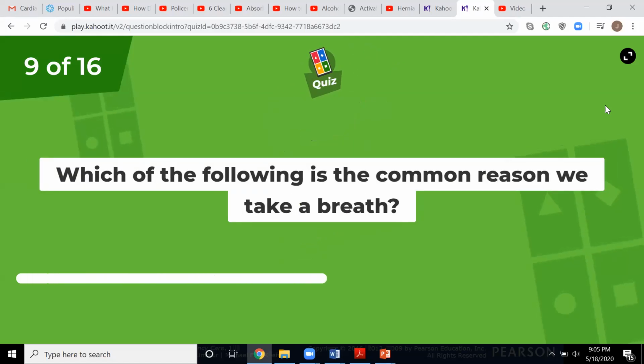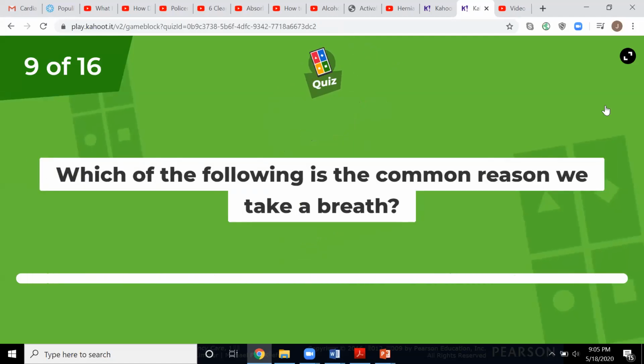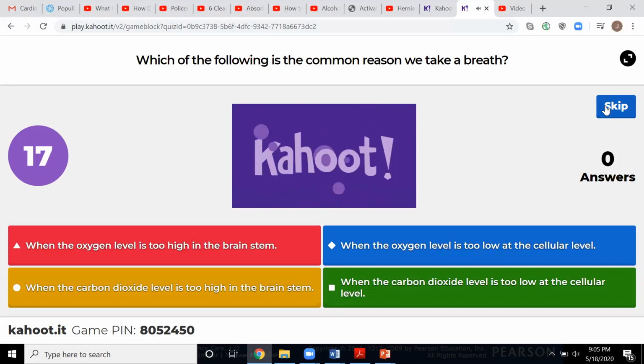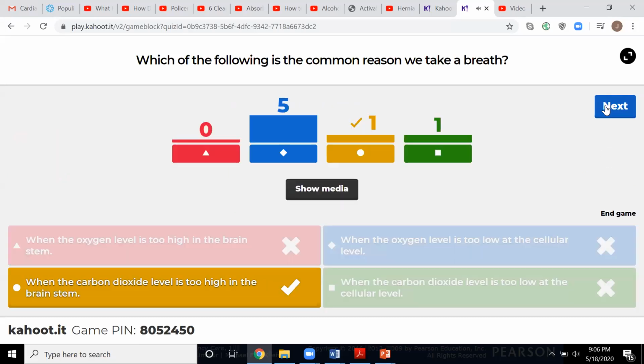Which of the following is the common reason we take a breath? The best answer is when carbon dioxide levels are too high in the brainstem.